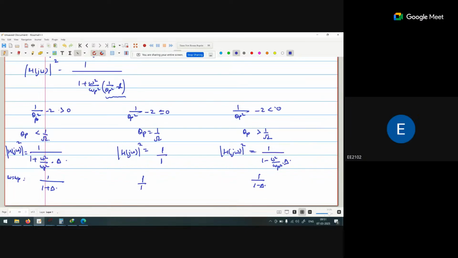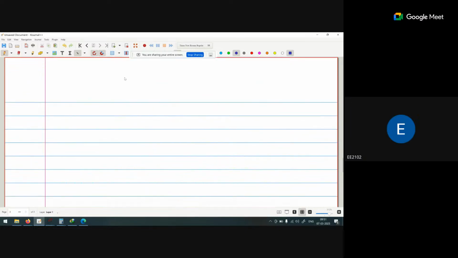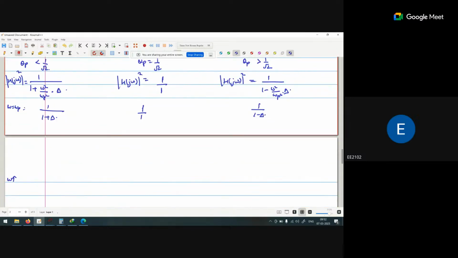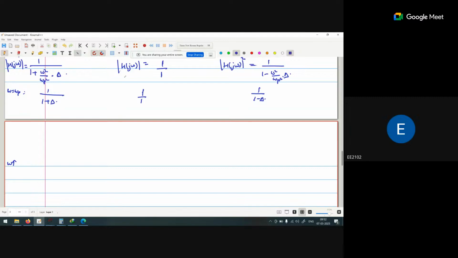Now, if I increase the omega, so omega is greater than omega p. When I increase the omega, 1 upon 1 plus this factor, omega upon omega p square.